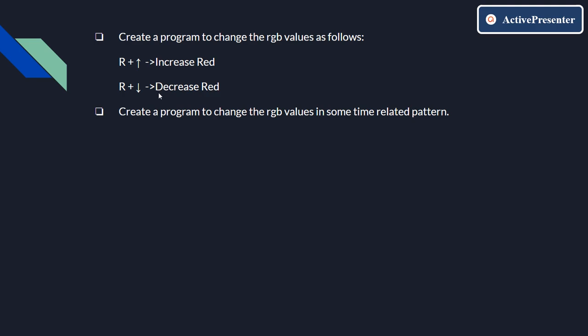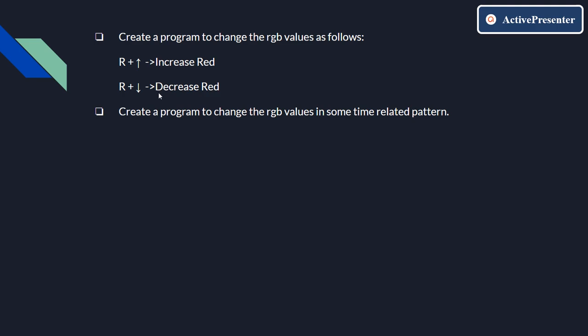And the second program I want you to create is to change these RGB values in some time related pattern. I hope you have read the GLFW documentation I mentioned in the last tutorial. Anyway, if you haven't read it, it contains some functions which are time related. To give you a hint, there's a function called GLFW get time.